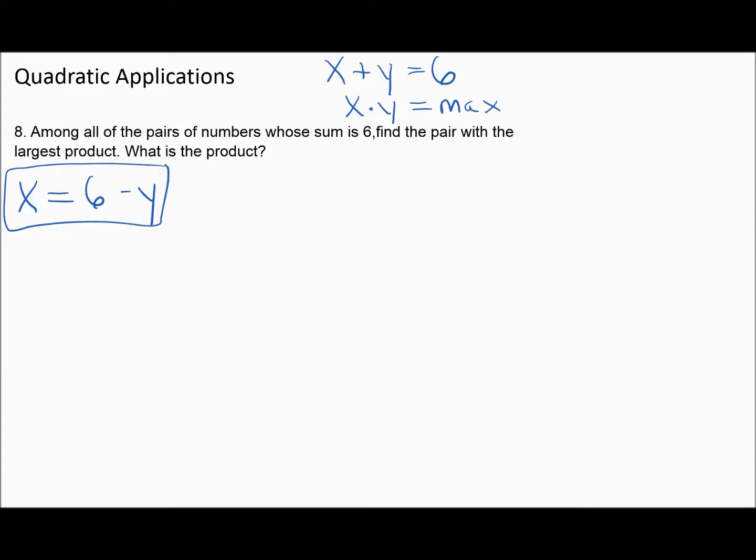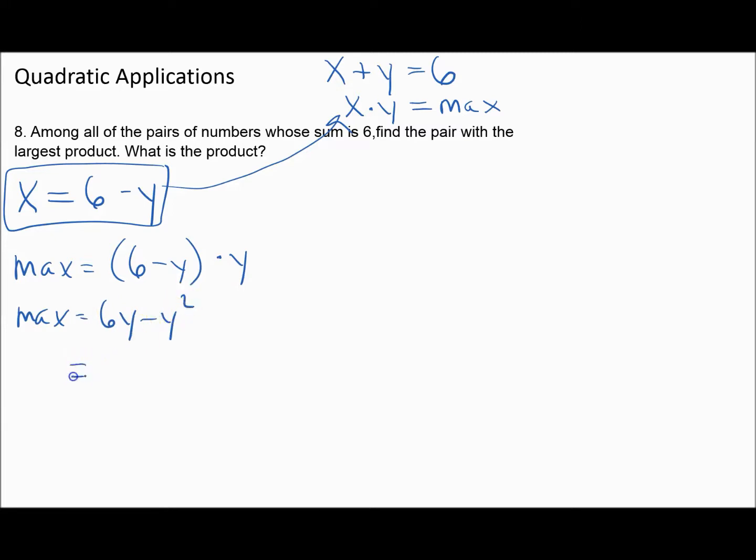I'm also going to substitute that in for that x right there. So now I have my max equation is equal to parentheses 6 minus y, which is my new x value, times y. Is that quadratic? Sure is, right? I distribute the y, that's 6y minus y squared. We like it better with the y squared first, so I'm going to say minus y squared plus 6y. And you keep calling it your max equation.